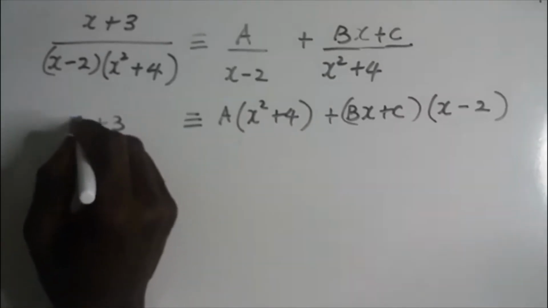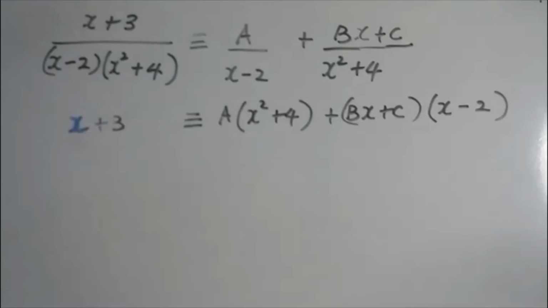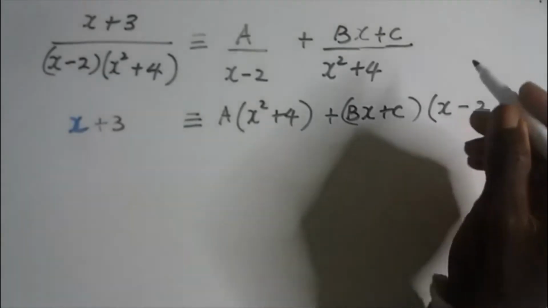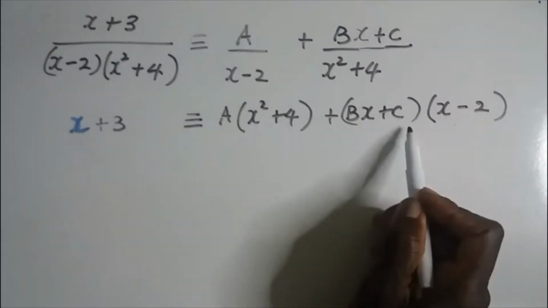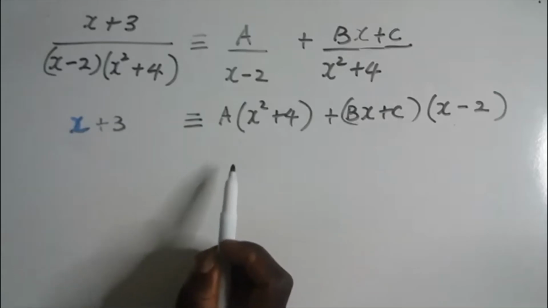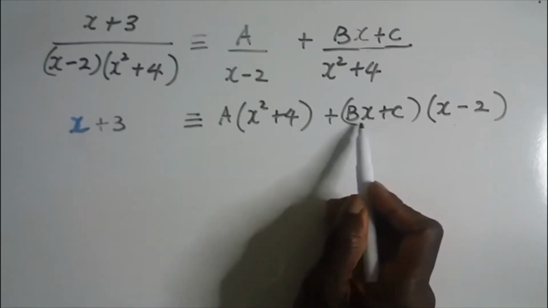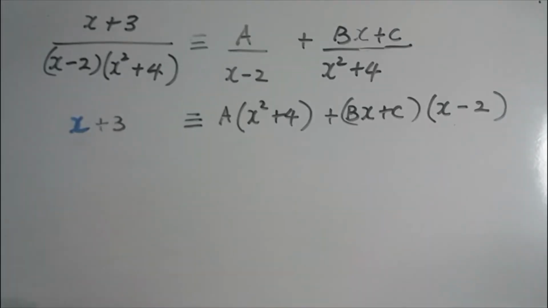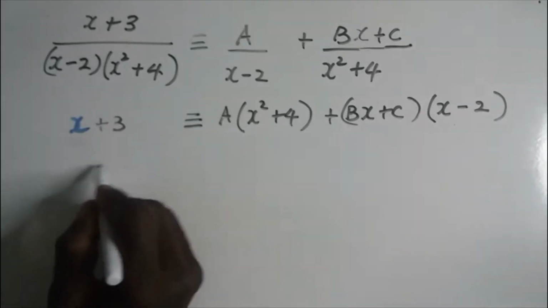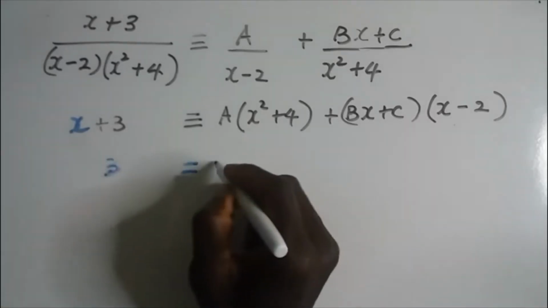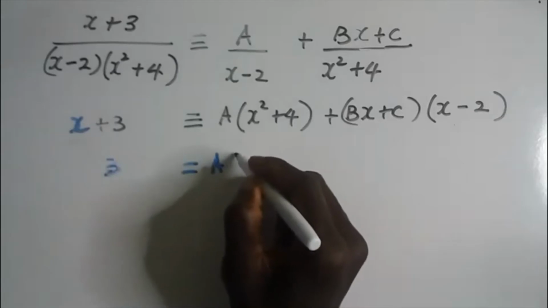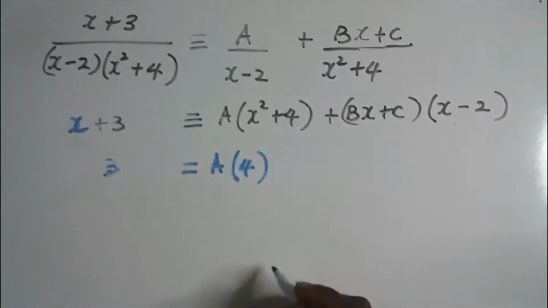Next, we are going to eliminate B, so we'll set x equal to 0. So first we had x equal to 2, and we eliminated all of this, B and C. Now we'll set x to 0, which will eliminate B, and then we'll be able to find C because we do know A. So this now becomes 3 is equal to A times 4.